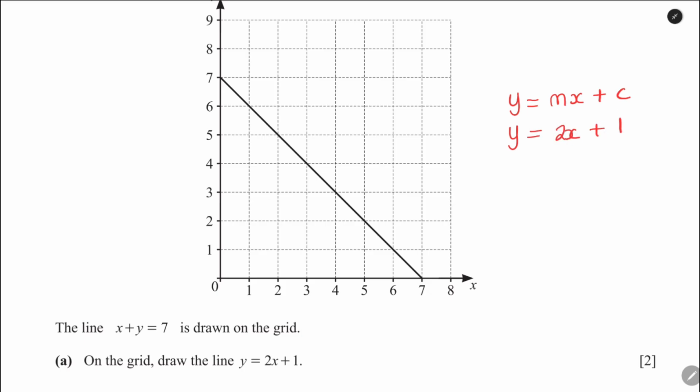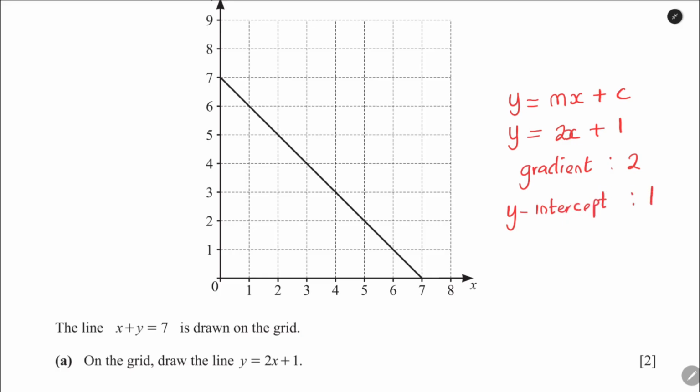If you compare the coefficient of x, m being the gradient, and 2 down here, it means our gradient for the line we've been asked to draw is 2. So you're drawing a line that has a gradient of 2 and a y-intercept of 1.